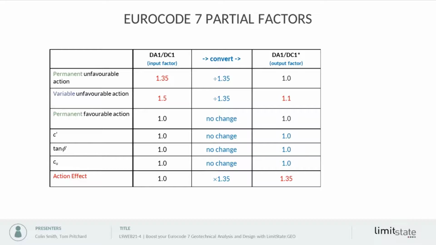And so the idea with the action effect factoring is that we essentially apply no input factors except for this 1.1 on variable and favorable actions. And then any action effect, like a bending moment at the end, we apply a 1.35.